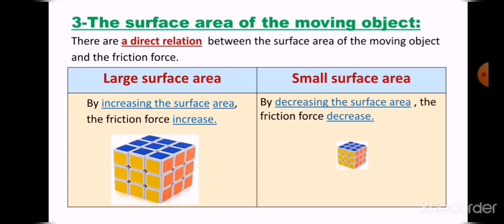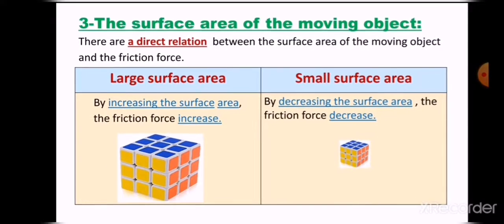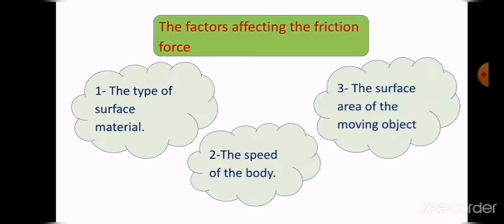Okay, let's recap. So we have 3 factors affecting the friction force. You have to know that there are 3 factors. Number 1, the type of surface material. Number 2, speed. Number 3, the surface area. Speed and surface area have a direct relation with the friction force.